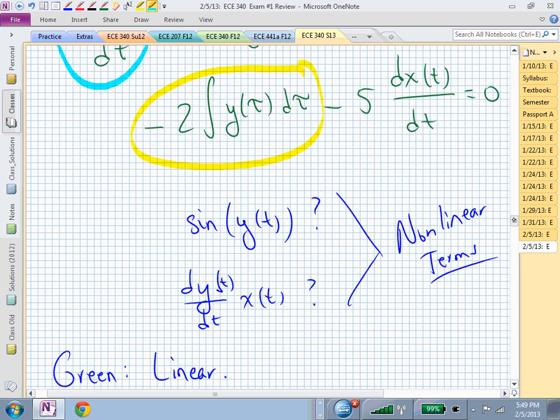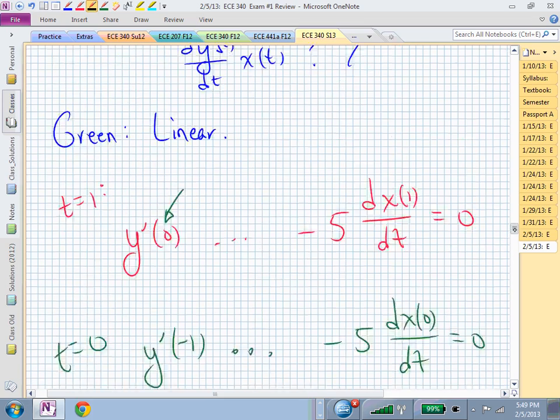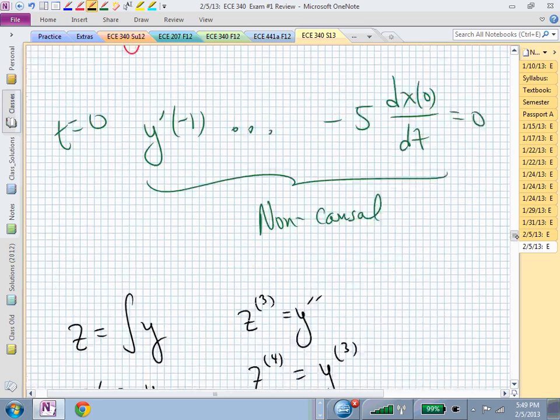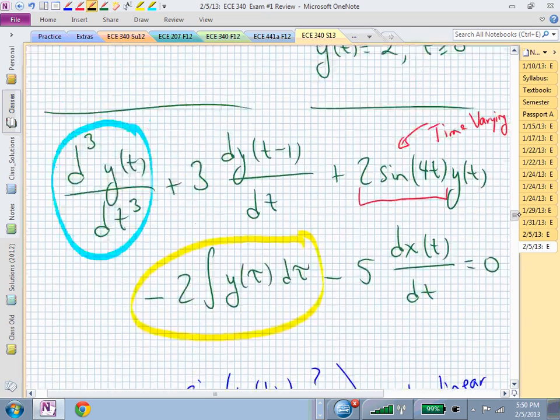Now I can rewrite that expression as z to the fourth plus whatever mess it was, 3 z to the first, wasn't it? T minus 1. Oh, but this is z. So that was y prime. So this is z squared. Am I okay?